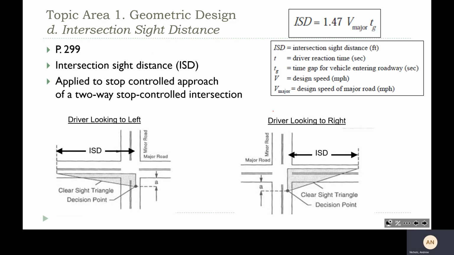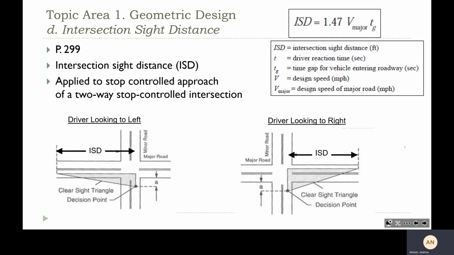All right, I think it's the last part of topic 1, which is geometric design: looking at intersection sight distance. This is on page 299. What's really going on here that they want you to be aware of, I think, and this upper right is what you get. These diagrams down here are what I'm using to explain.